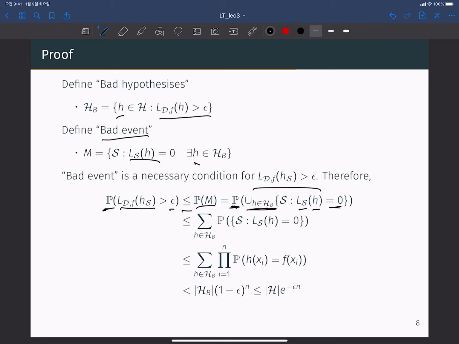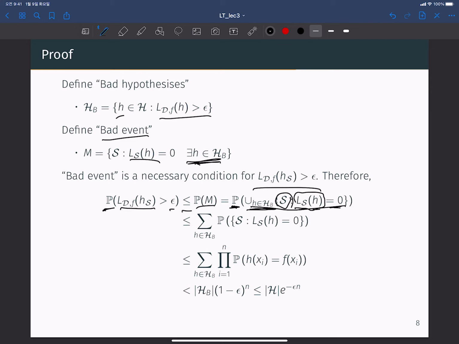This probability is with respect to the randomness of sampling, the random sampling constructing the training set, sample S. So here L_S(h) is a random variable and the randomness comes from the data generation process. Okay, and existence becomes the union of each individual hypothesis having training error 0.